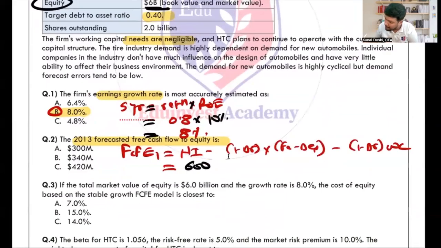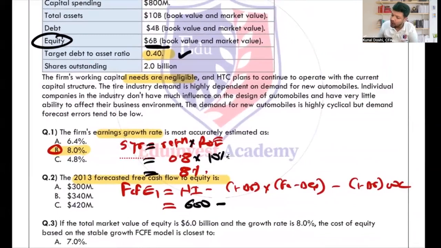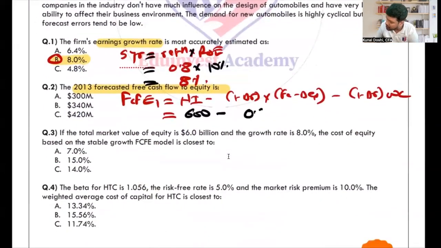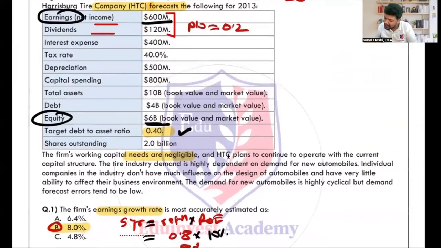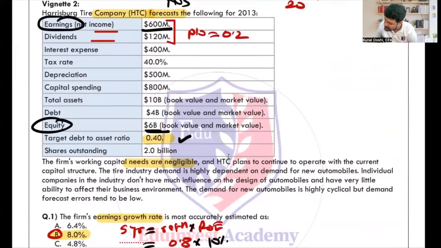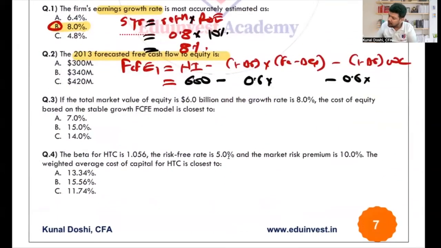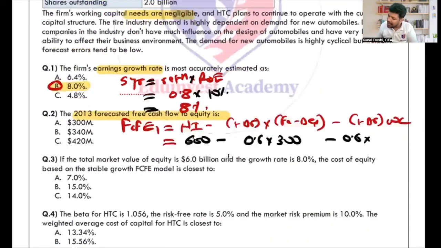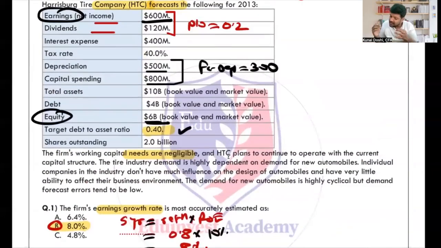So 600 minus, what is my debt ratio? Target debt ratio is 40. So 1 minus debt ratio is 60%. I'll write down 0.6 minus 0.6. Now I need fixed capital less depreciation. My capex is 800, depreciation is 500. So my fixed capital less depreciation, or net capex, is going to be 300 million. So into 300 million. And working capital, they said here that there is no requirement of working capital, isn't it?